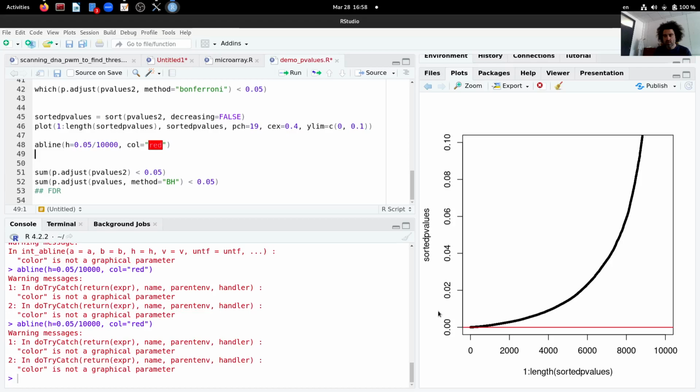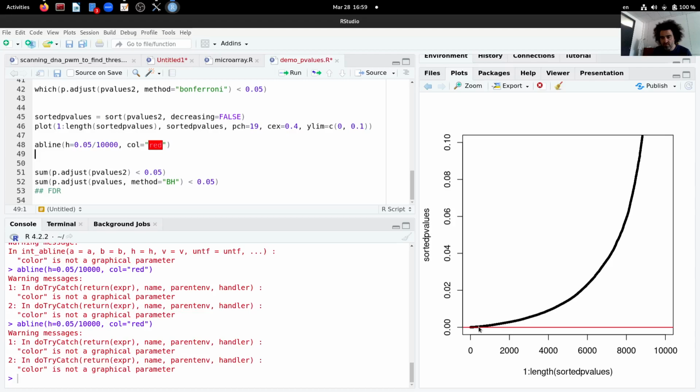Okay. Now if you see here, you cannot see that very clearly, but only these 7 points at the beginning have a p-value which is smaller than this line. So this line is the Bonferroni correction, and only seven points here in the very beginning are smaller than this line.